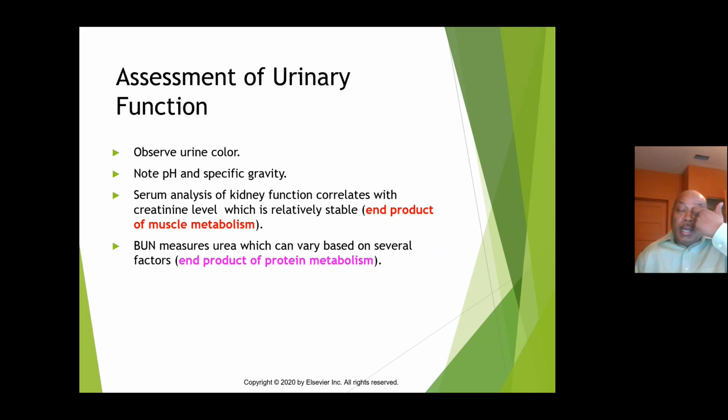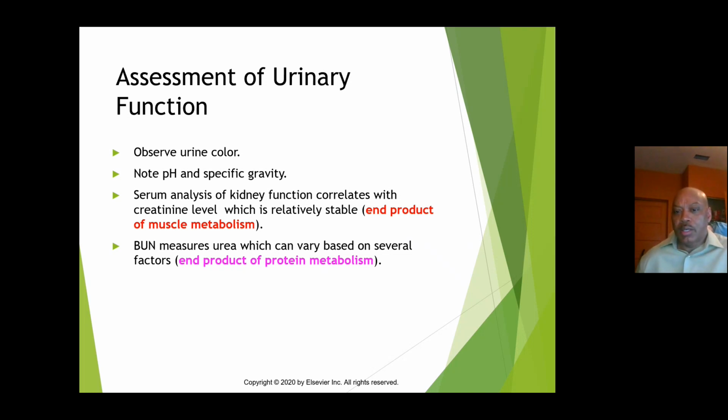It can rise if someone is experiencing dehydration, or if there's an increase in protein intake. I mean, if you eat a lot of meat or other foods that are high in protein, it can also increase your BUN levels. Now, you should also know that proteins can really put a strain on the kidneys. And so sometimes when patients' kidneys are dysfunctional or they're having some issues, we minimize the amount of protein in the diet so as not to overstrain the kidneys.